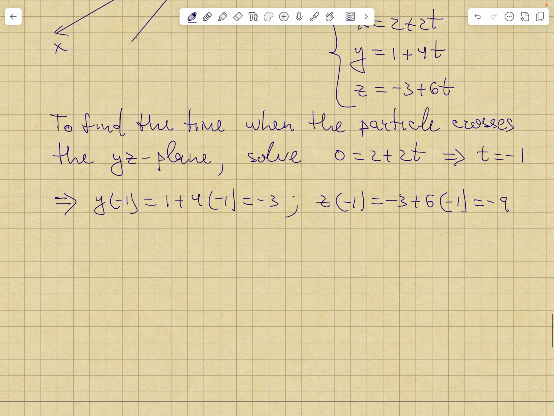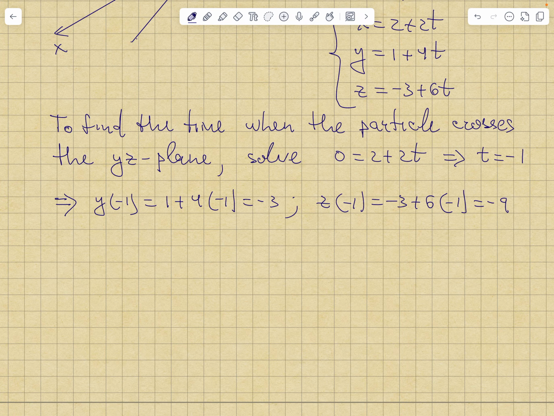So the answer is the line intersects YZ plane at the point minus 3, minus 9.